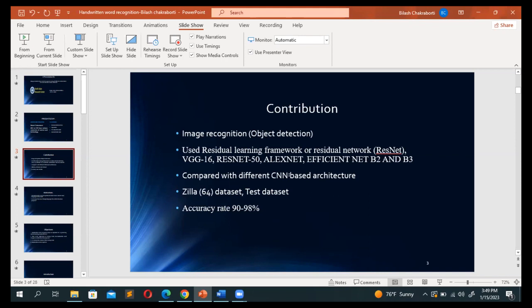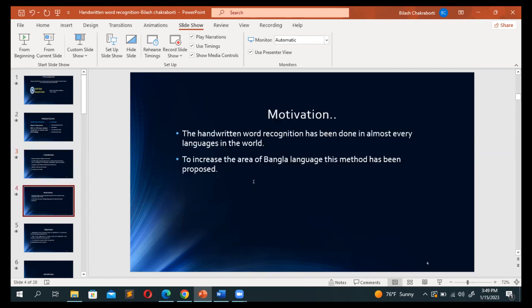It consists of almost 9,000 data. Then I used a test data set, which was made specifically for this thesis work, and the accuracy of the 5 different architectures was 90 to 98%.